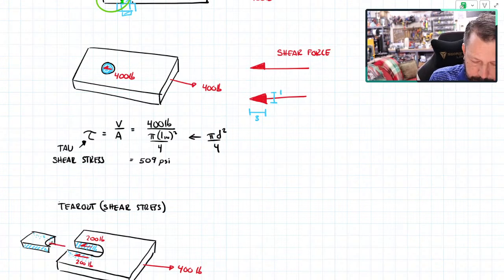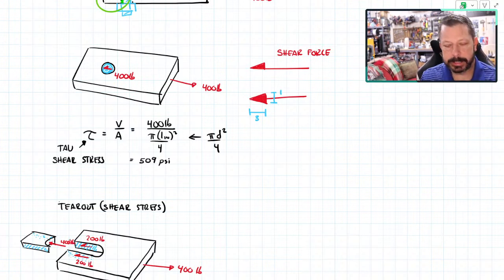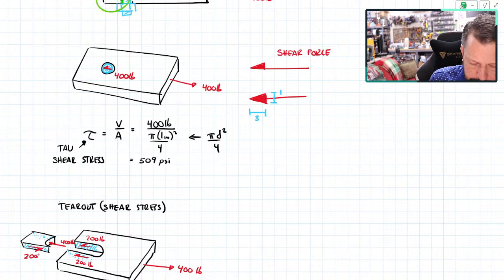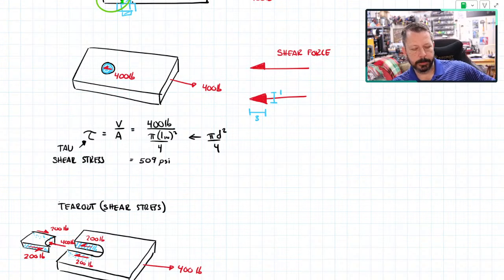I had a 400-pound force, bearing force, pushing that little piece out, and there's the 200-pound shear force there, and then there's one on this side as well. So those shear forces, the 200-pound ones, those are parallel to the little area, the tear out area. Sometimes this is also called punch out, but I'm usually going to call it tear out.